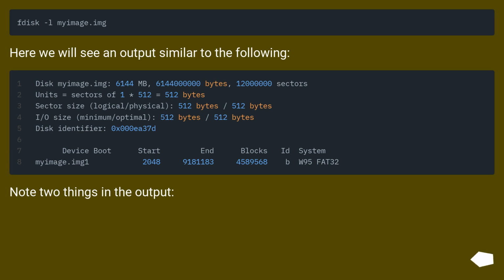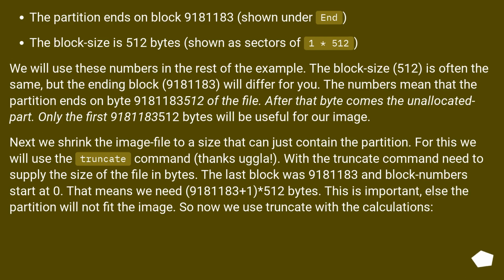Note two things in the output. The partition ends on block 9,181,183, shown under End. The block size is 512 bytes, shown as sectors of 1 times 512. We will use these numbers in the rest of the example.